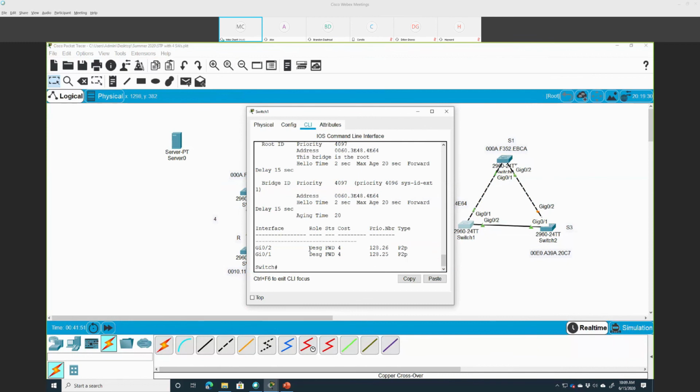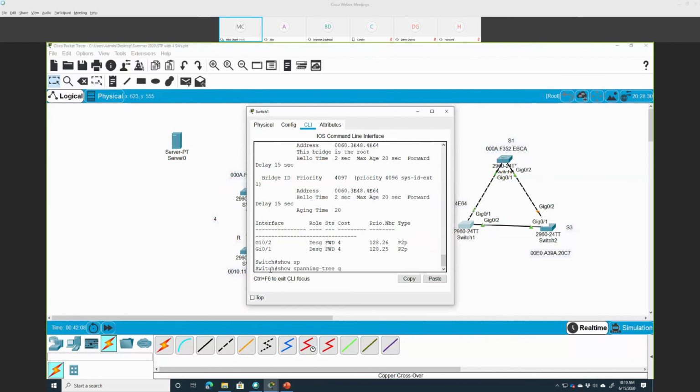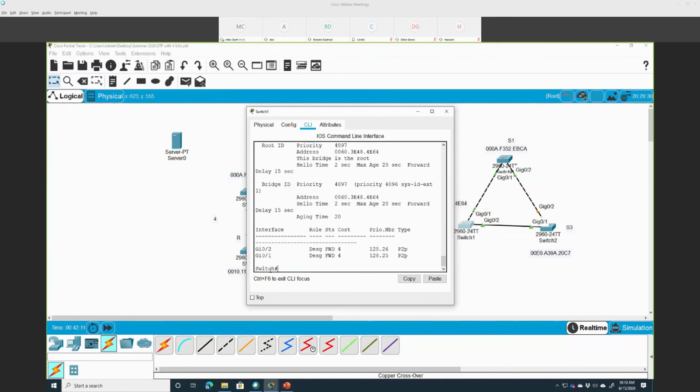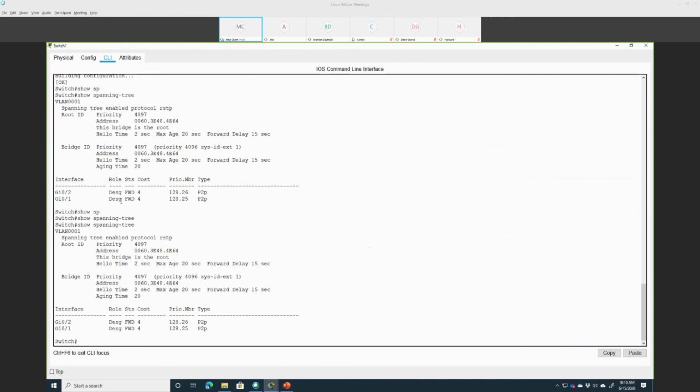As you can see, what does designated mean? Once you see it on the switch, designated means this is the root bridge. You can show spanning-tree, and if you expand it here, what do you see?